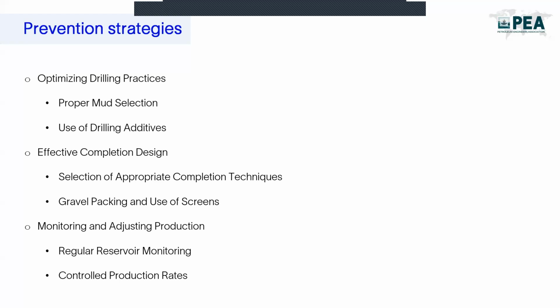Other techniques are gravel packing and the use of screens. Their objective is preventing the migration of formation fines and sand production, which can cause severe damage to the well and formation itself. So these are the methods to prevent formation damage.